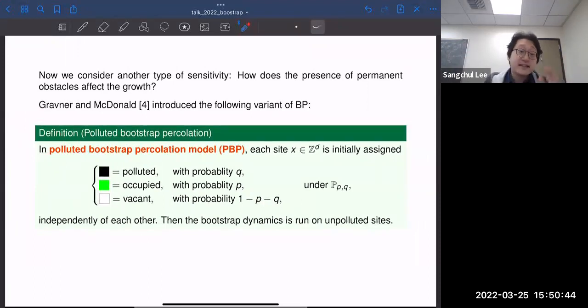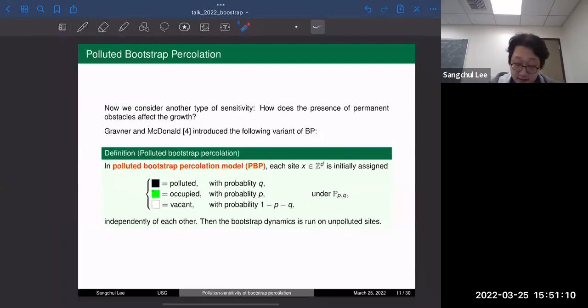Okay, so that's how we prepare the initial configuration. Then what's the dynamics? Well, the usual bootstrap dynamics is run on the subgraph of unpolluted sites. So we consider the subgraph by looking only at occupied or vacant sites, and on that subgraph we run the usual bootstrap dynamics. So that's the dynamics.